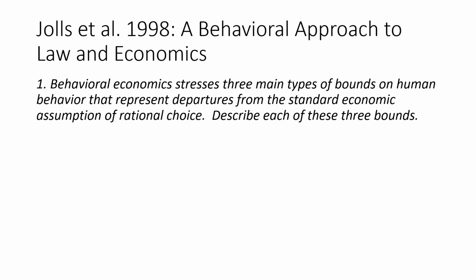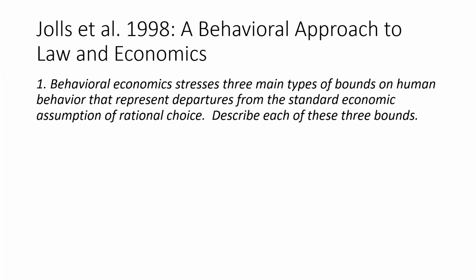Can someone describe one of those bounds? I can describe one. I think the first one was bounded rationality, which was talking about how humans' cognitive abilities are limited. Like we're not computers. We have limited computational skills, so we can't always make the most rational choice in our minds.